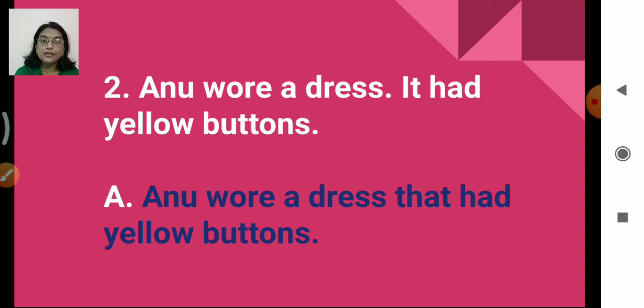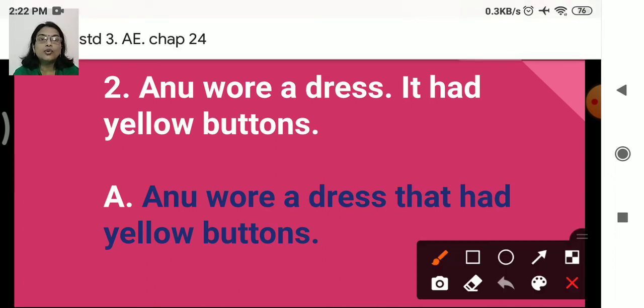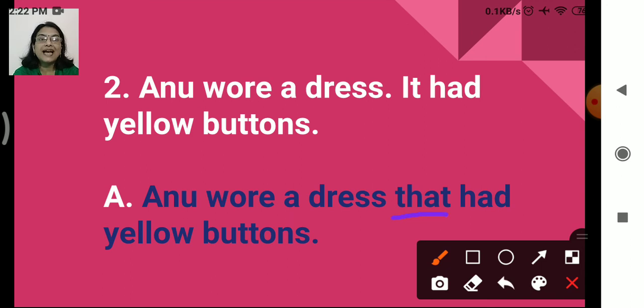We have removed the full stop, we added "that" there, and we have also removed "it". So the answer we got here is: Anu wore a dress that had yellow buttons.